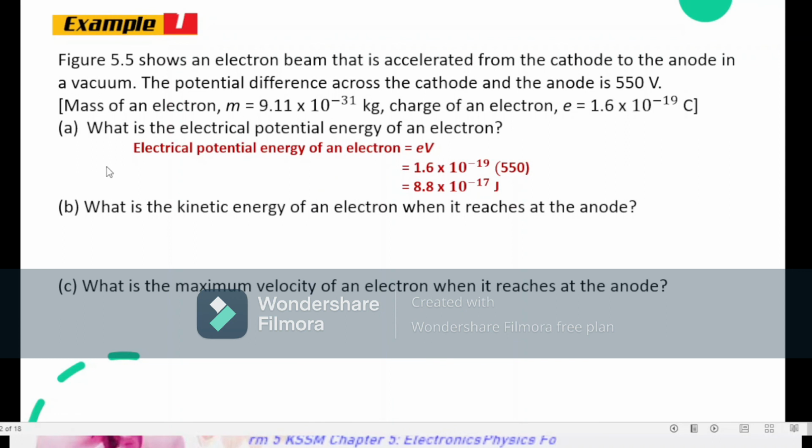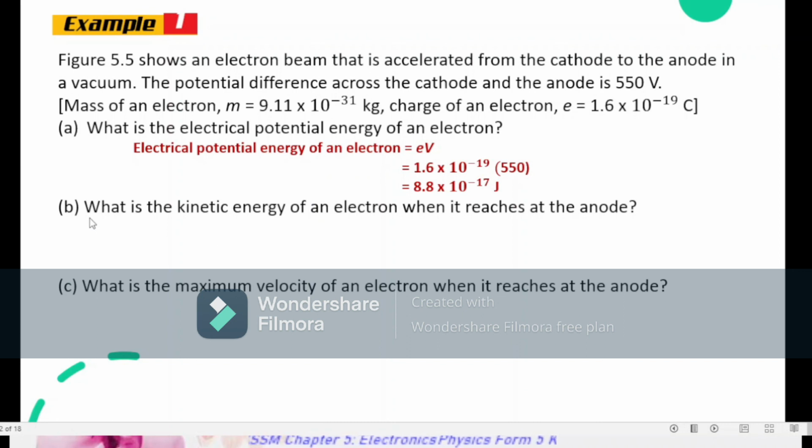Remember the formula. Electrical potential energy of an electron equals charge of one electron multiplied by voltage of EHT, or voltage across cathode and anode. So we get 1.6 times 10 to the power negative 19 times 550. Thus we get 8.8 times 10 to the power of negative 17 joule.